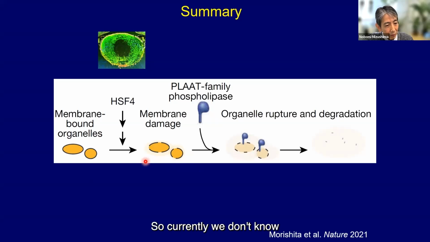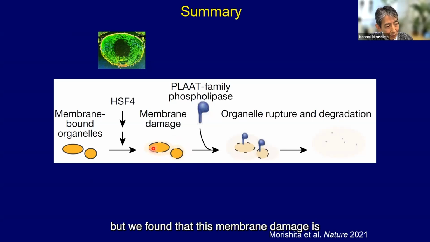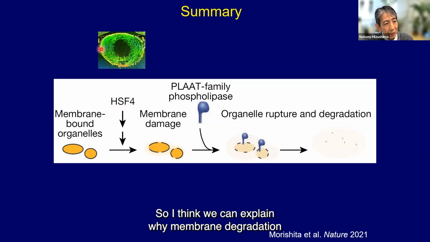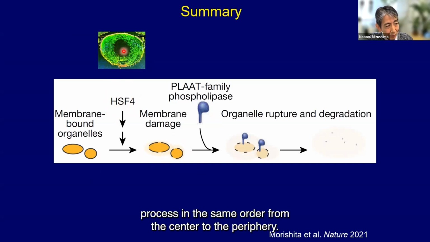Currently, we don't know how this minor membrane damage is generated, but we found that this membrane damage is spatio-temporally regulated by the transcription factor HSF4. HSF4 is activated from the center to the periphery, so I think we can explain why membrane degradation proceeds in the same order from the center to the periphery.